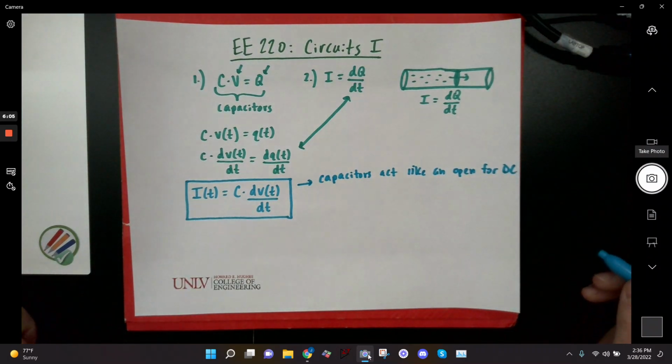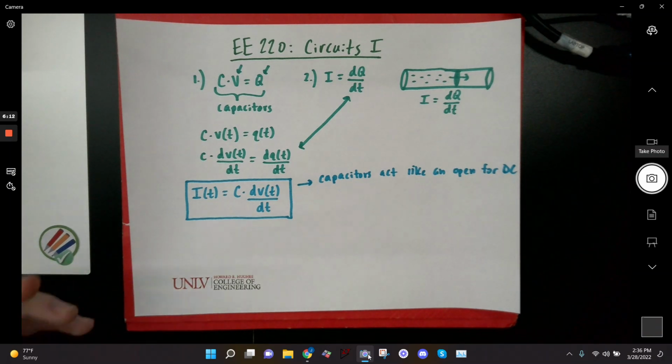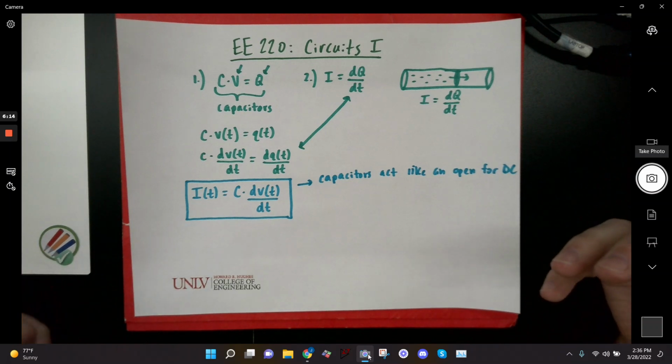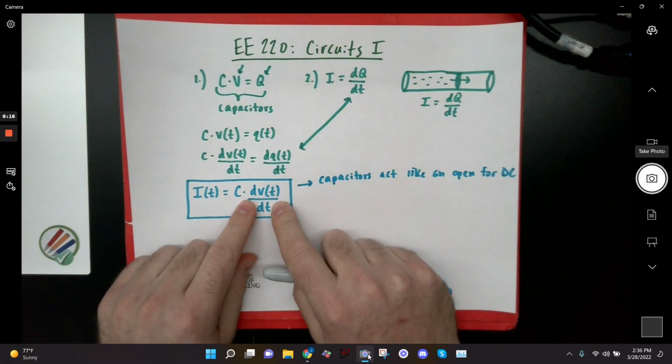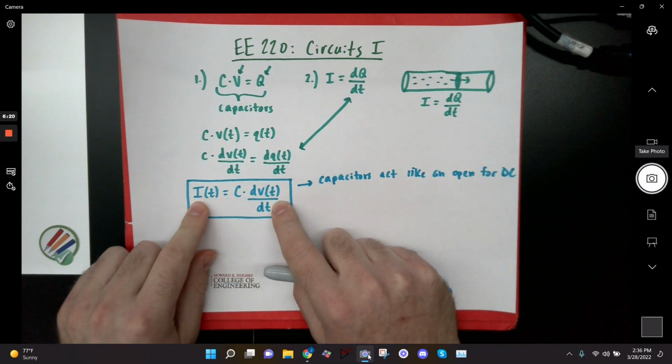If I'm looking at some DC circuit and all the voltages are fixed, no current will be flowing through my capacitor, and the reason is that this term right here, dV(t)/dt, is going to be 0, which means my current has to be 0, right?